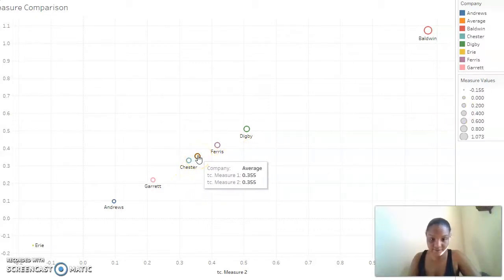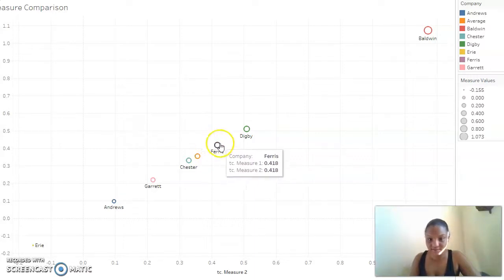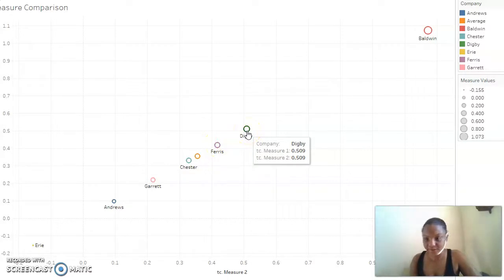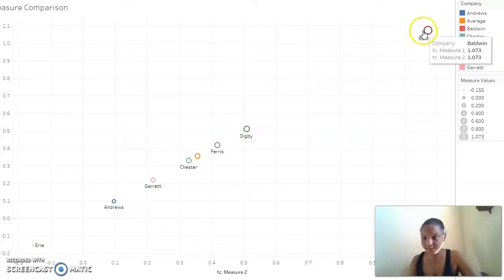And then this is the average. So the average is like between 0.2 and 0.4. And then Ferris is 0.4, like slightly over 0.4. Digby is 0.5, so it's right between the 0.4 and 0.6. And then Baldwin, of course, is like the biggest circle.